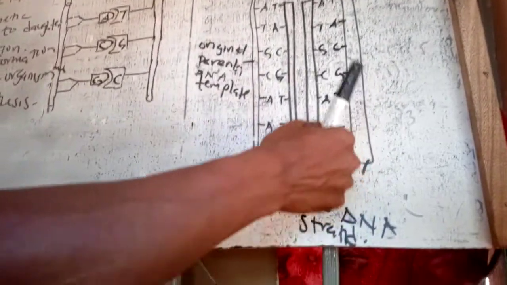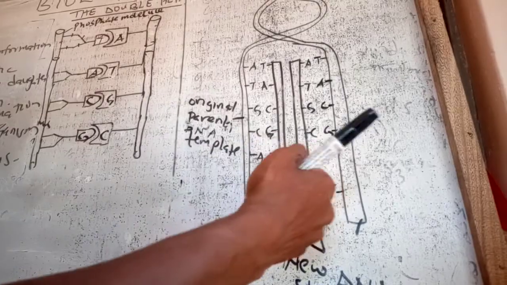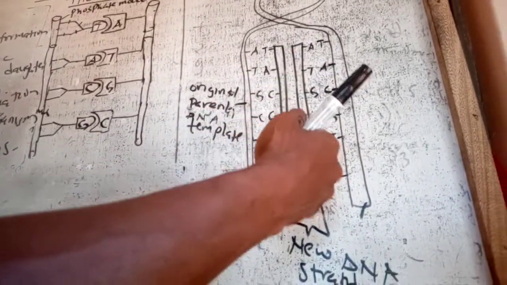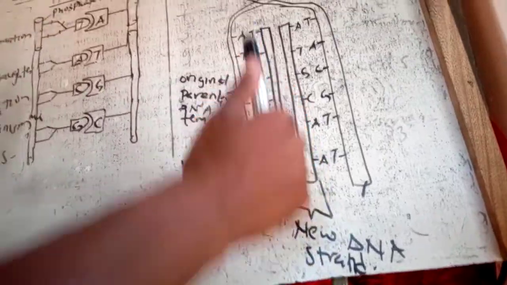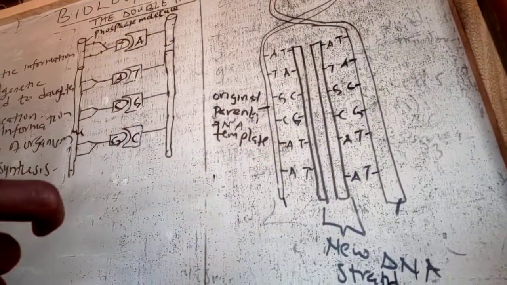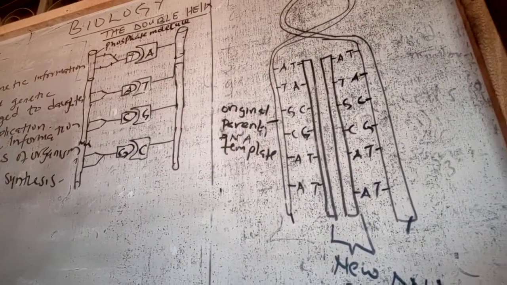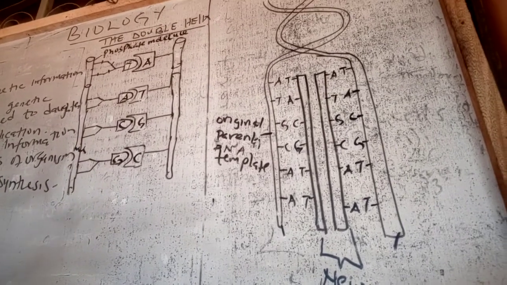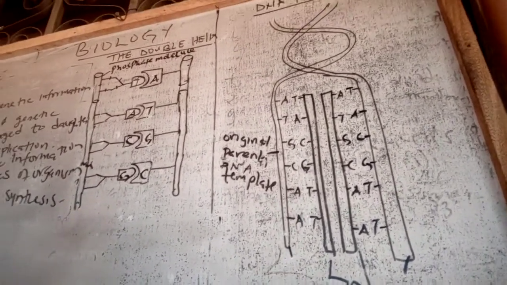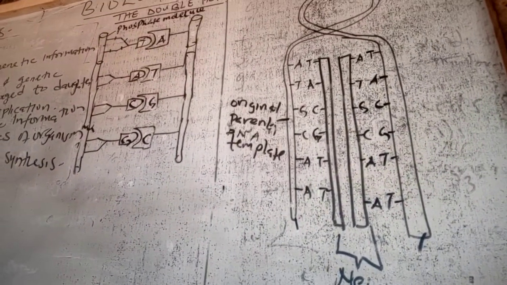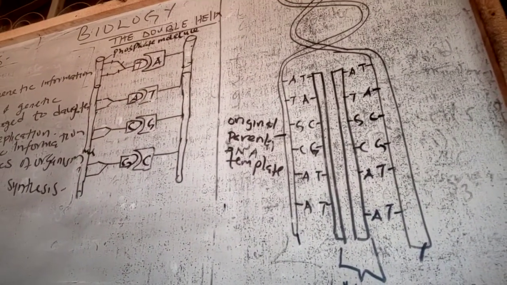As the process comes to an end, we have two identical DNA structures, and that is what we refer to as DNA replication. We have come to the end of that definition as far as DNA replication is concerned.